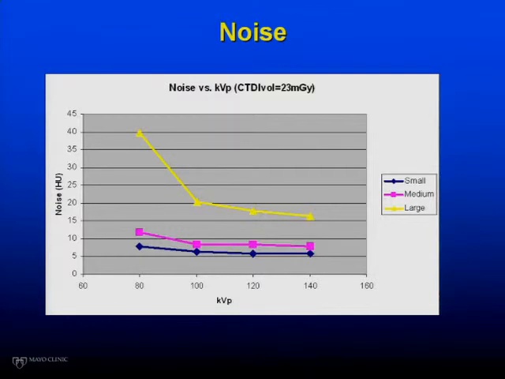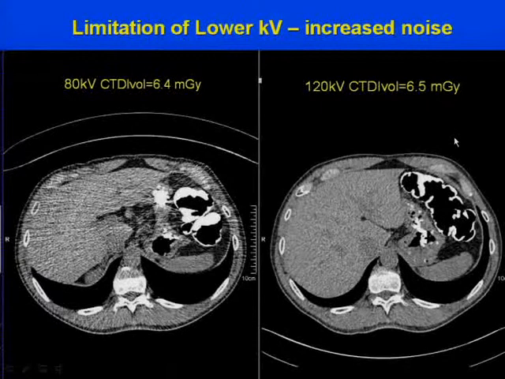So from these examples, you can see that there is a trade-off between the contrast and the noise when selecting the kV when using the lower kV. Here's another example showing the increased noise at lower kV.